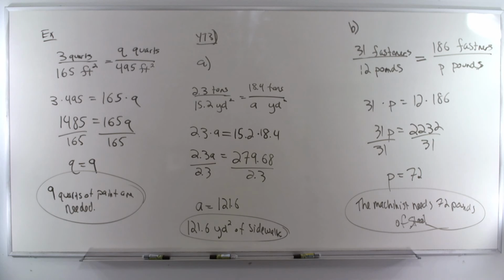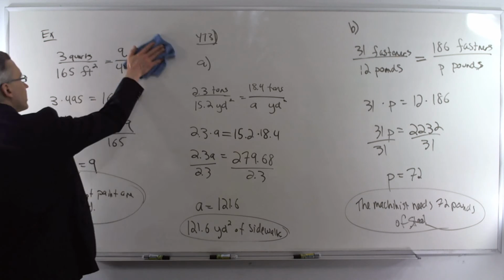All right. Next up, an arthritis medication comes in bottles which contain 135 milligrams of medication and 850 milliliters of liquid. If a patient needs 27 milligrams of medication, how many milliliters of liquid should be given to the patient?